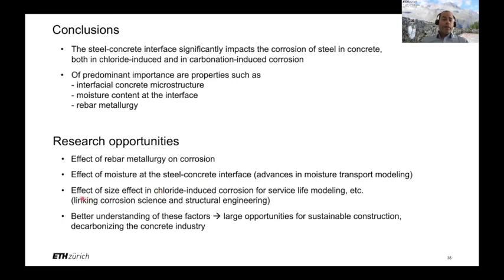So for that, I think we need to put more focus on studies where corrosion science is linked to structural engineering and structural considerations. And finally, if we allow ourselves to better understand all these factors, I think we could generate large new opportunities for sustainable construction and decarbonizing the concrete industry.